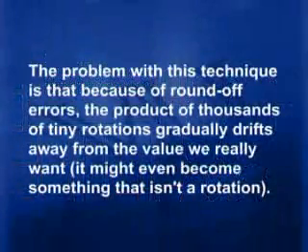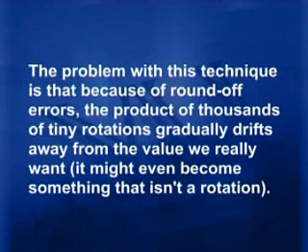Also note that sometimes programmers who want a continuously rotating object attempt to achieve this by repeatedly applying a rotation matrix that has small values. The problem with this technique is that because of round-off errors, the product of thousands of tiny rotations gradually drifts away from the value that we really want. It might even become something that isn't a rotation.